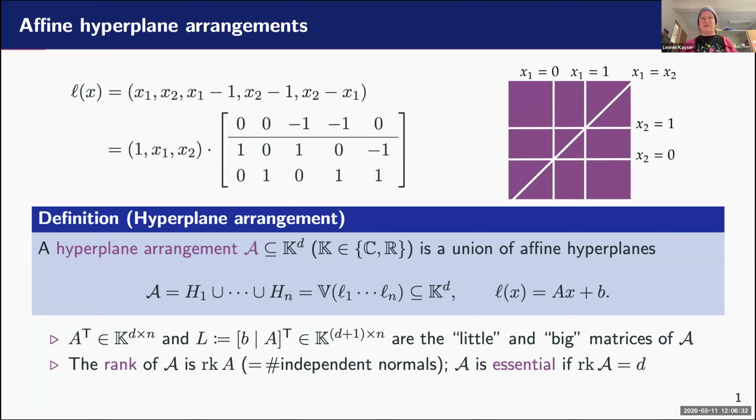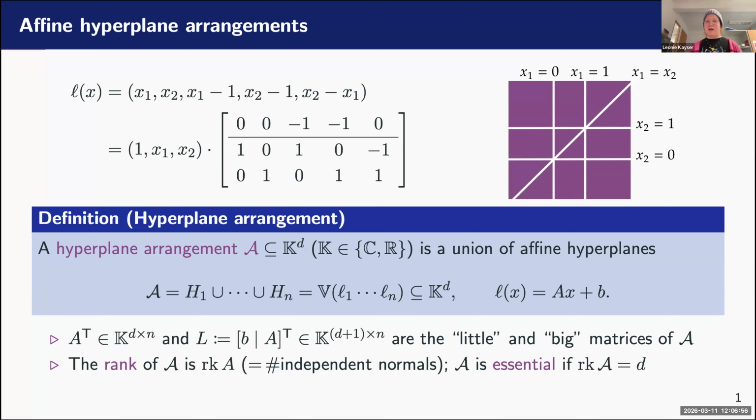The rank of an arrangement is just the rank of this linear matrix A, which is also the same as the vector space dimension of the normal vectors of the hyperplanes. So usually it's just D. So we don't have a common direction of the hyperplanes, so that the full rank, just essential, is what it's called.